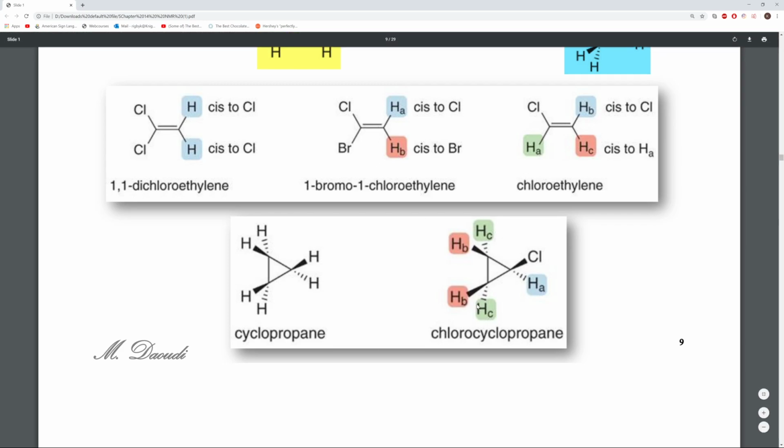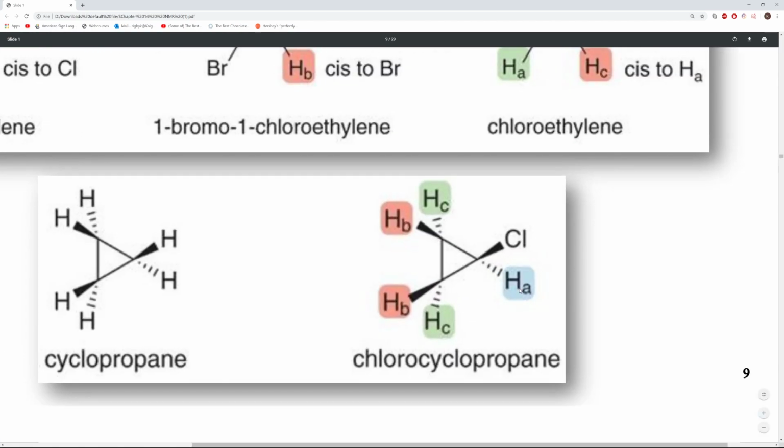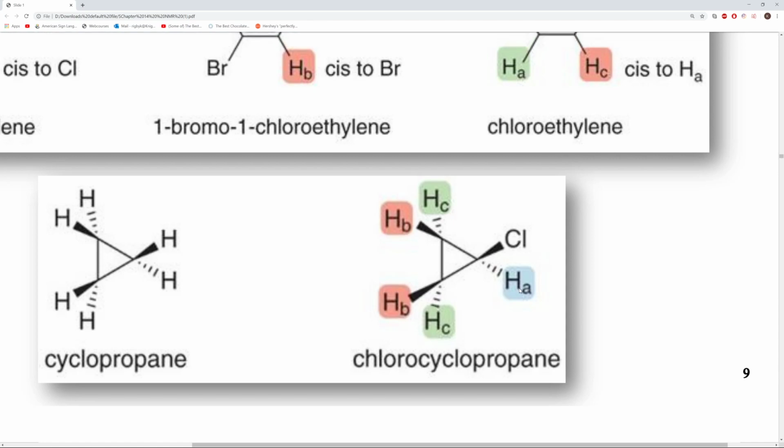When we look at chlorocyclopropane, the carbon that's connected to the Cl is going to be completely different from the other 2 carbons. However, the other 2 carbons have the same types of bonds. They're bonded to each other, and then they're bonded to that carbon with a Cl. So both of those carbons are in the same environment, but the hydrogens are not.